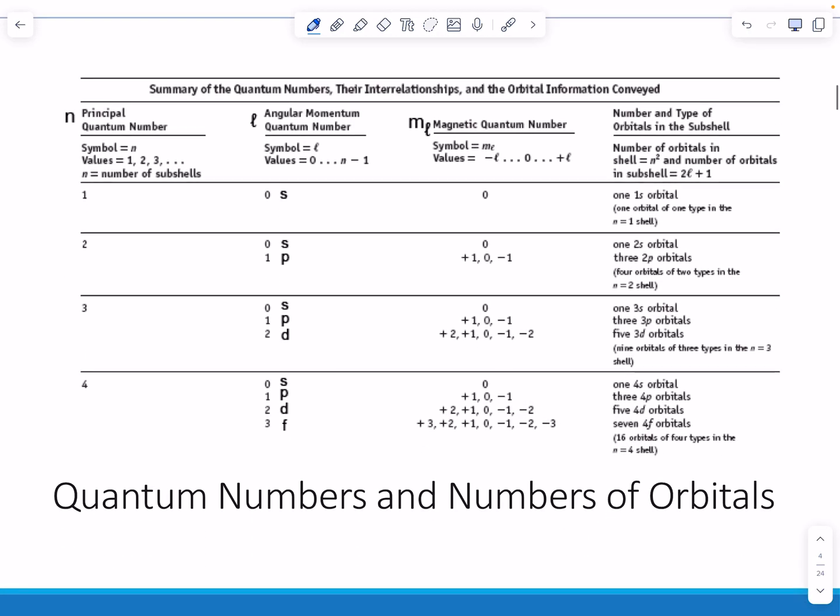These are the quantum numbers and the number of orbitals, and that's what the first 3 quantum numbers tell us. The fourth quantum number is going to tell us exactly where the electron is.